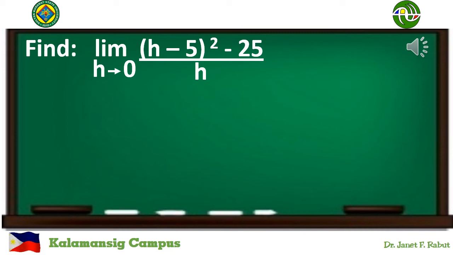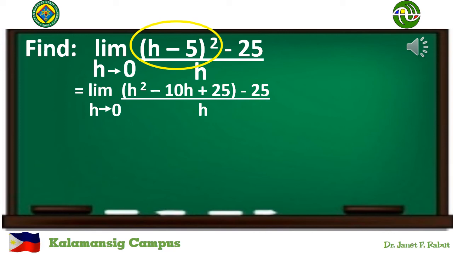Since through inspection, we will arrive really with 0 over 0, then we need to continue on. Here, we will expand quantity h minus 5 squared using FOIL method. Then we will come up with h squared minus 10h plus 25 and copy minus 25.